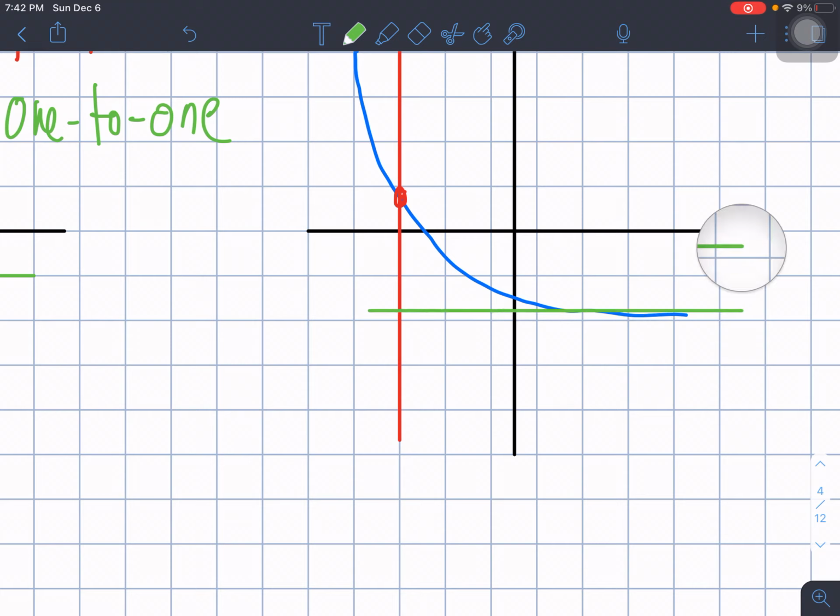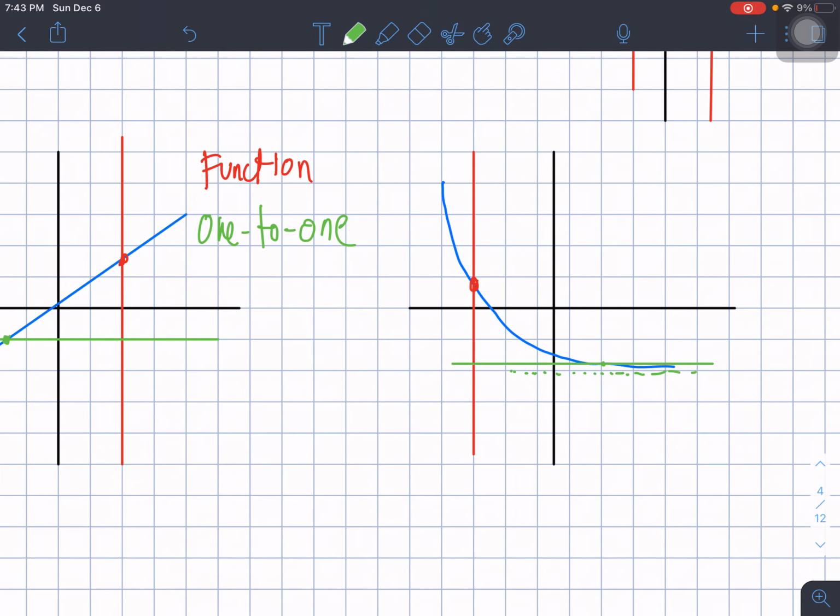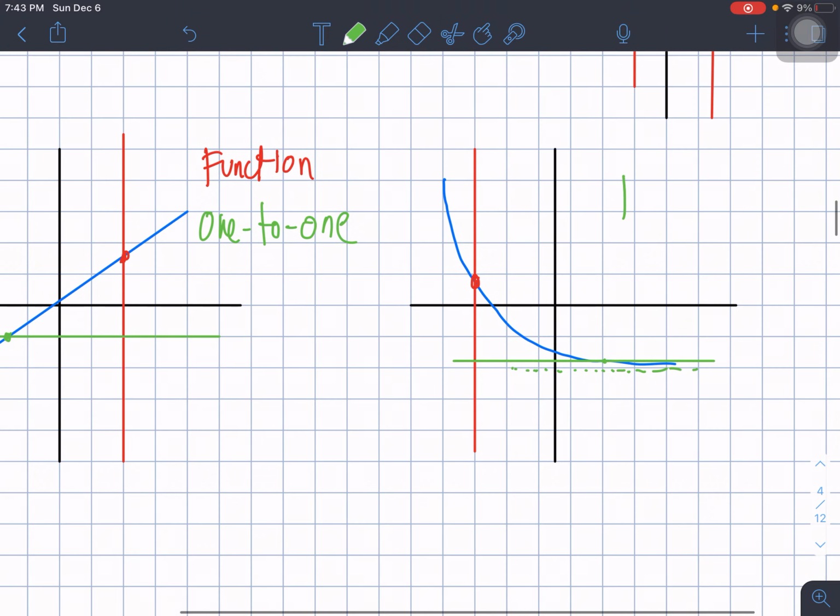It just so happened that our graph is asymptotic at this line. Since it passes only one point, then this is a function. It passes only one point at the vertical line test, and only one point at the horizontal line test, then this is a one-to-one function.